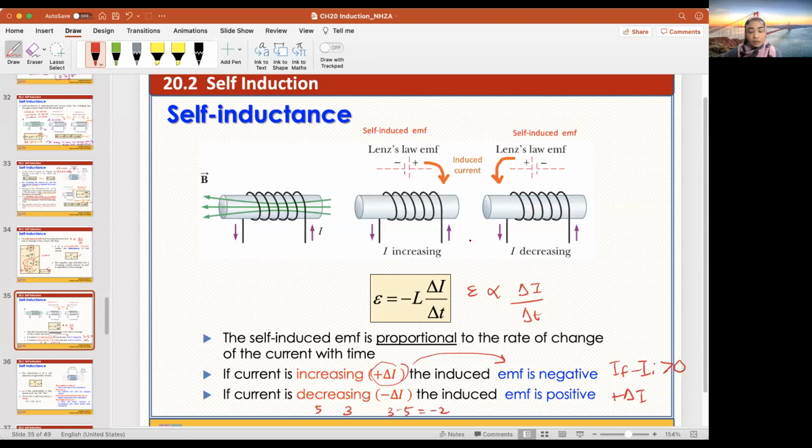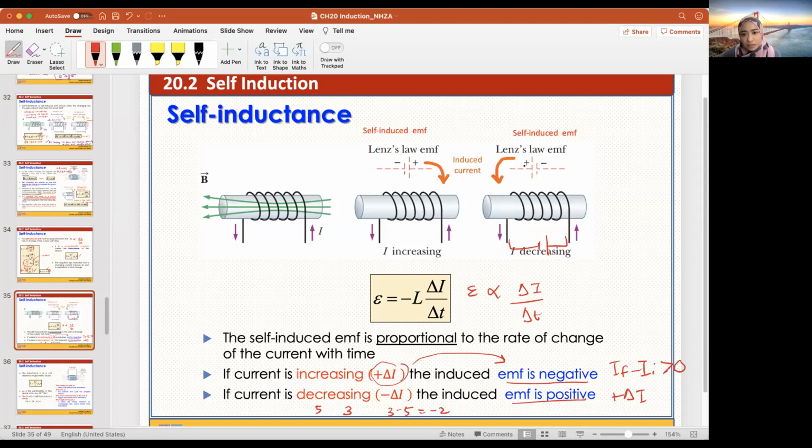Now, one thing to note is, what does it mean by EMF is negative or EMF is positive? Okay. So remember I told you kita kena imagine ada battery kat sini. So the battery produces a current. So this is my positive and this is my negative. So when I is decreasing, the induced EMF is positive.